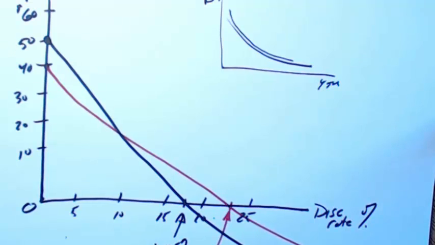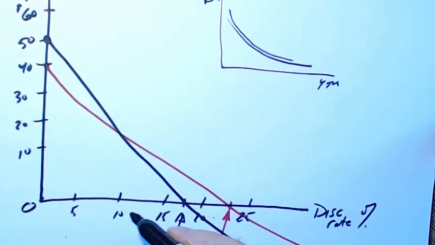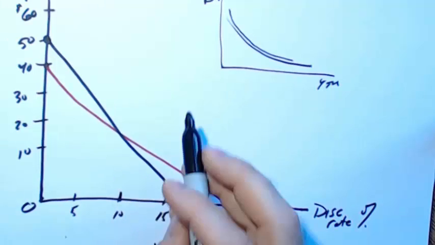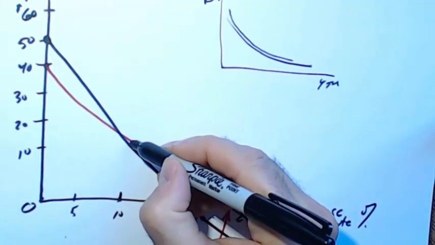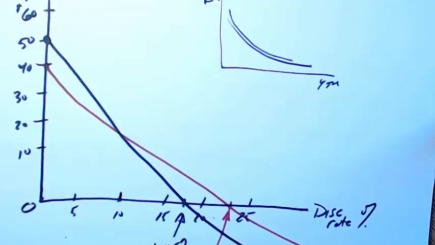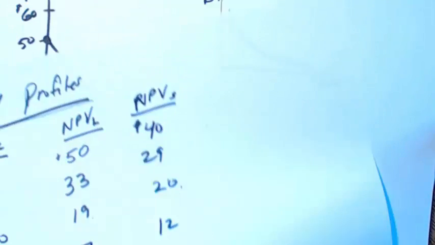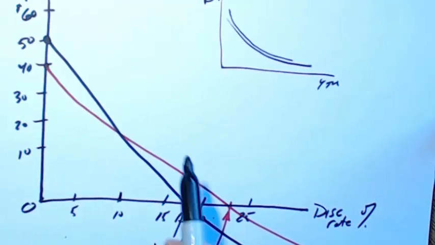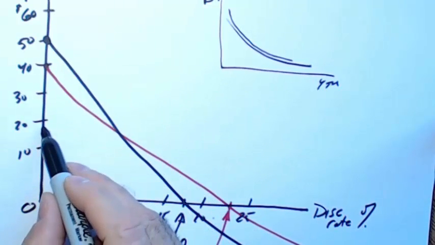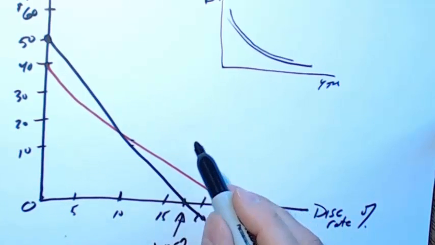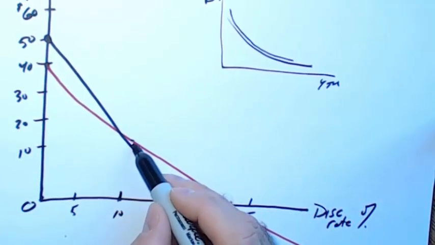So with a 10% discount rate, we squeaked out a $1 difference, $19 to $20. It didn't quite come out on the graph, but this is that $1 difference.